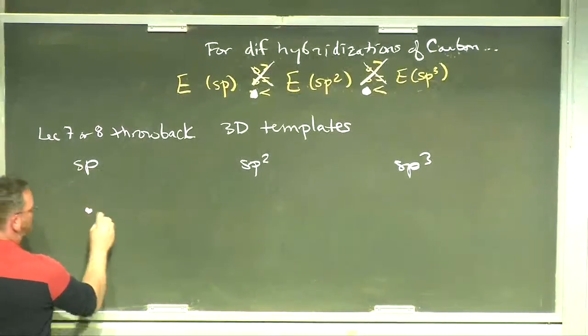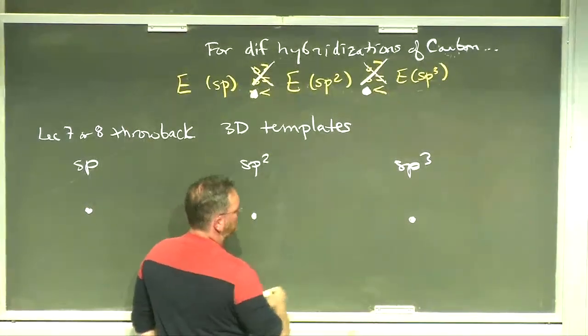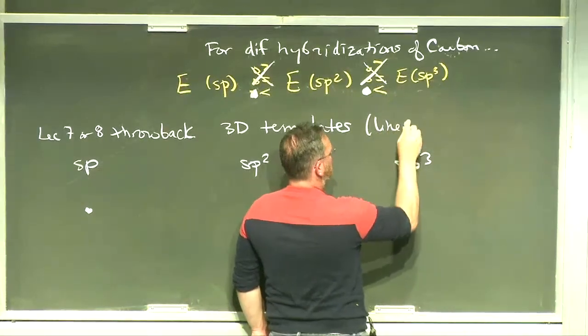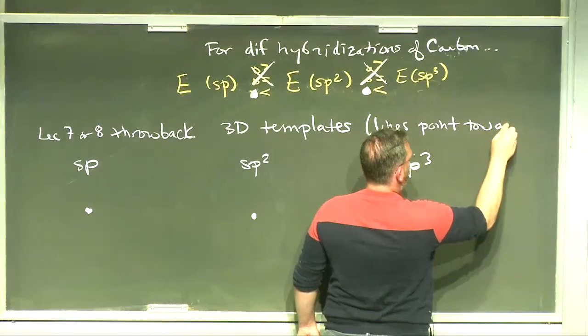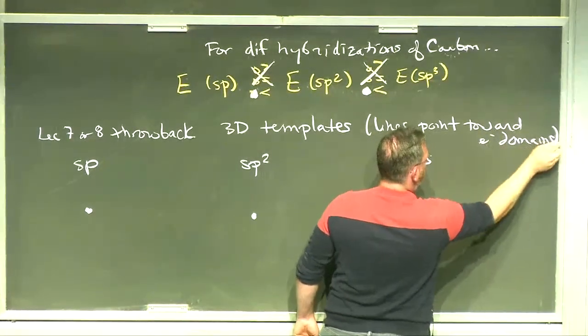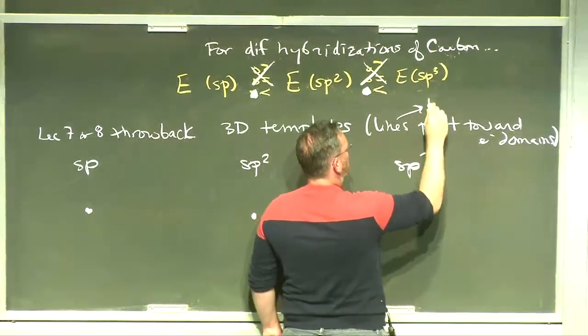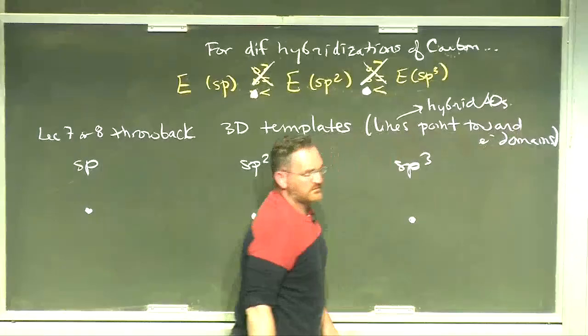Here's our central atom. With these 3D templates, we're using lines that point toward electron domains, and the lines are the hybrid atomic orbitals.